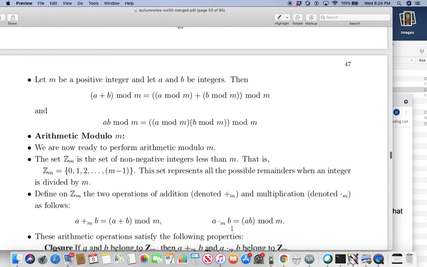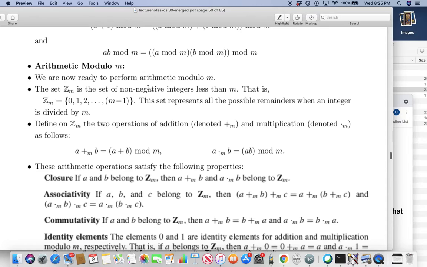It's not that bad. We are now ready to perform arithmetic modulo m. So Zm is a set of non-negative integers less than m. So once you fix a positive integer m, take all the integers 0 until m minus 1. That set is denoted by Z sub m. There is a possibility of doing something with these numbers.